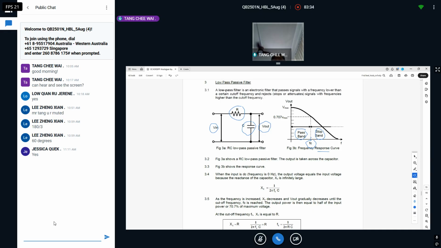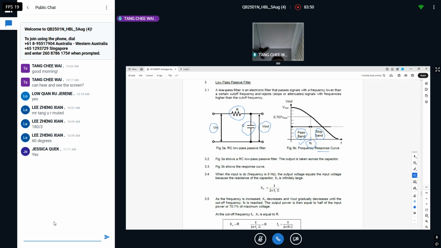FC. Now you see from 0 to the cut-off frequency, this frequency range is what I want. That's why they say pass band. I allow this range of frequency to pass.